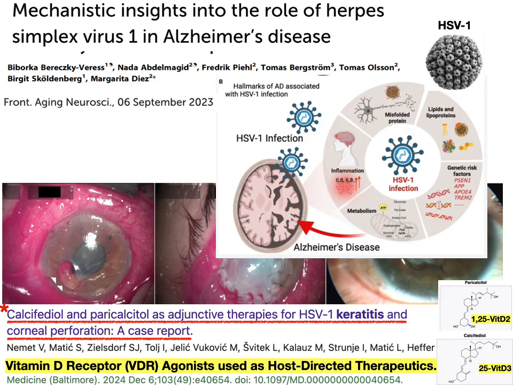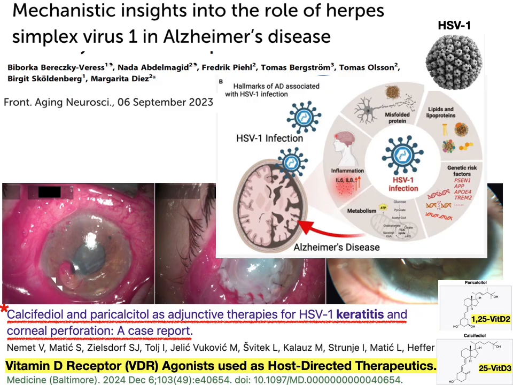Mechanistic insights into the role of herpes simplex virus 1 in Alzheimer's disease. This graphical abstract of this review illustrates that, like many viruses, HSV1 hijacks cellular metabolism, cellular organelles, produces severe inflammation, and this is now believed to be a key driver of certain forms of Alzheimer's disease.